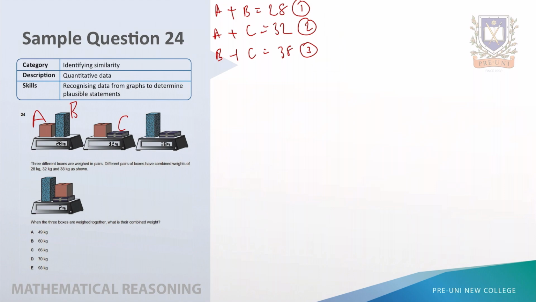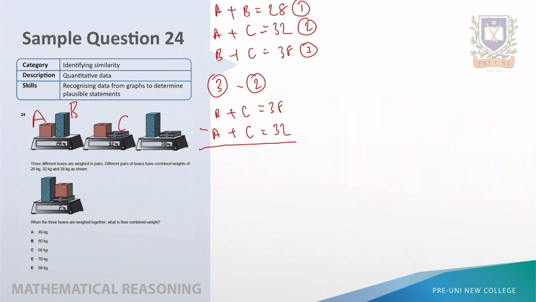So there are many ways you can approach this and which equations you can use, but for one approach, we can do equation 3 minus equation 2. So we can write it as B plus C is 38 minus A plus C, which is 32.